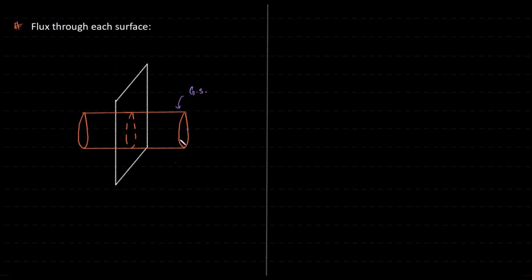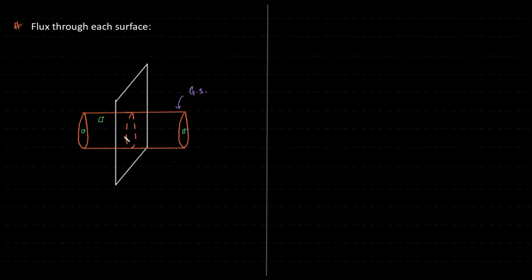What surfaces can I divide this into? Or what parts can I divide this structure into? One is at the top, one is at the bottom, and the curved surface area, say somewhere over here. Now let's look at the electrical field lines going through them.